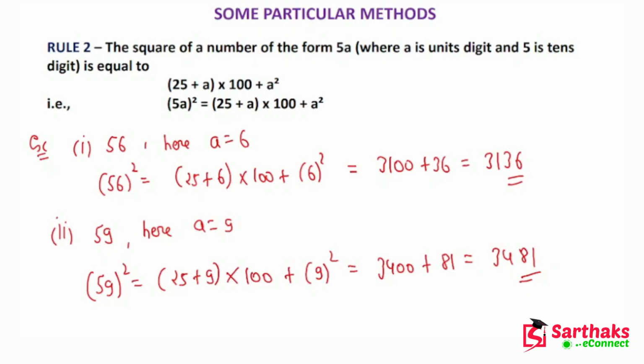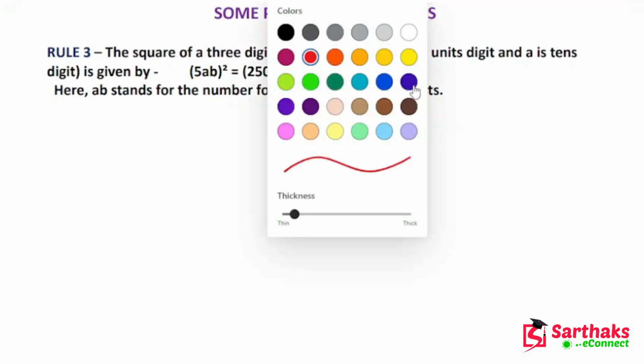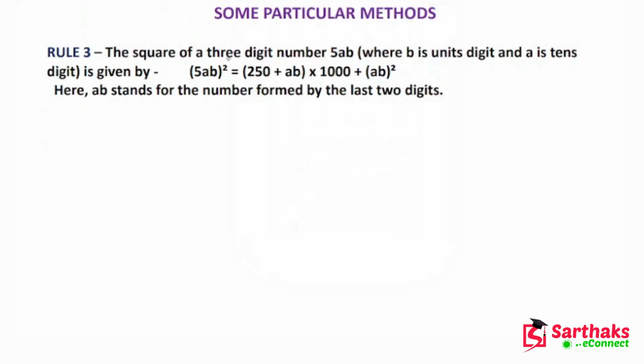Let us again talk about another method. These methods are generally based on 5, as you can see, right? Now this method can be used for 3-digit numbers, so it is a bit versatile. It is actually the extension of rule number 2. It says the square of a 3-digit number 5AB, where 5 is obviously the hundreds digit, A is the tens digit, and B is the units digit, is given by 5AB square.